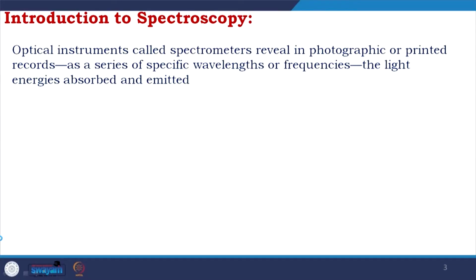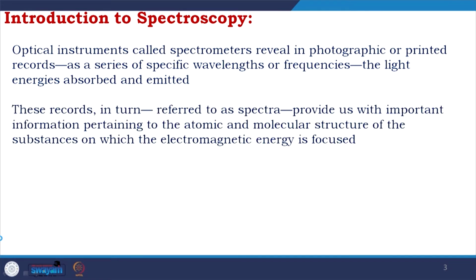Optical instruments called spectrometers reveal in photographic or printed records, as a series of specific wavelengths or frequencies, the light energies absorbed and emitted. That is where the study is happening. These records, in turn referred to as spectra, provide us with important information pertaining to the atomic and molecular structure of the substances on which the electromagnetic energy is focused.